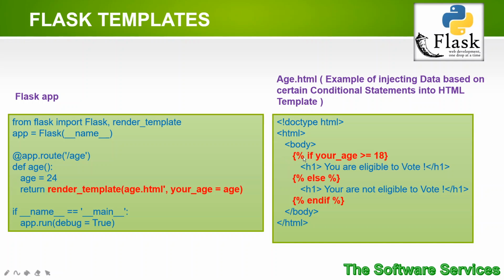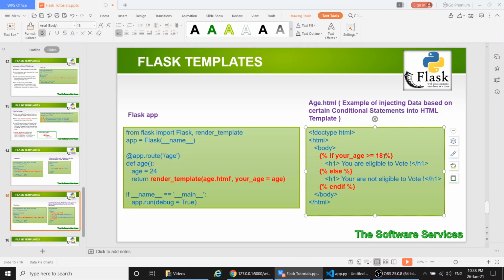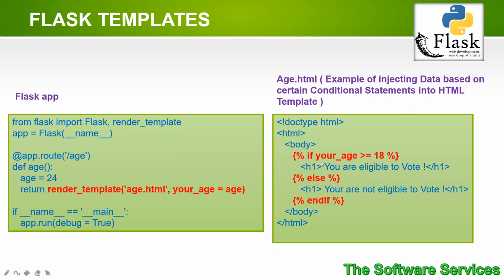So this Jinja syntax is using an if statement, friends, and that if statement is going to determine the output. The age is 24, so this condition becomes true, then only this h1 tag will be printed to the screen.